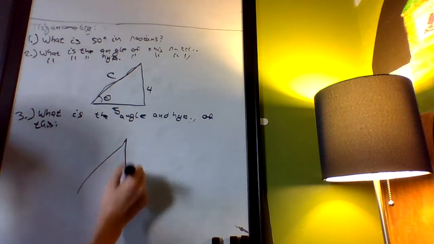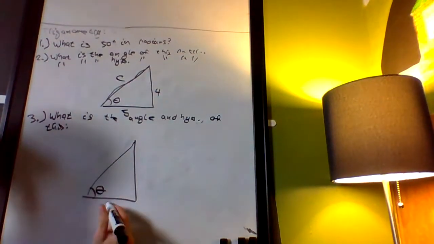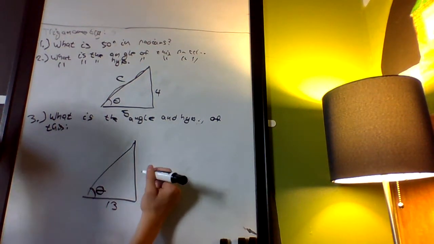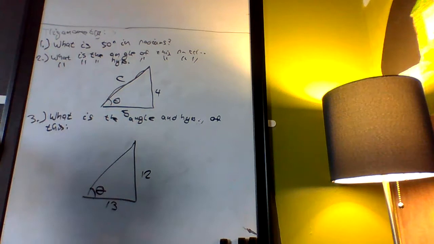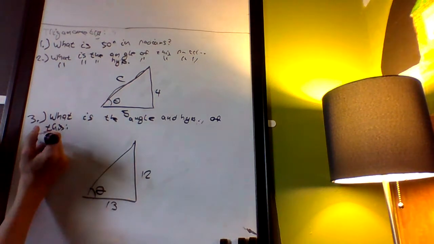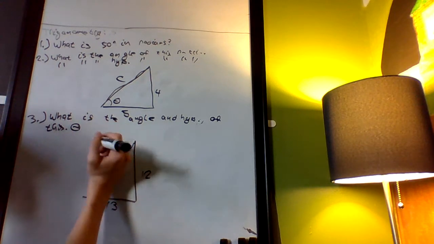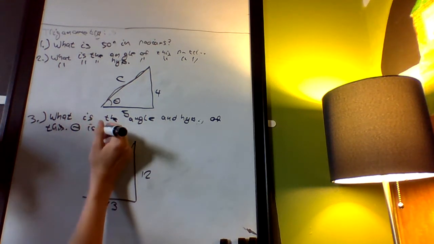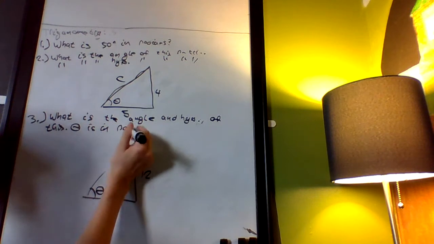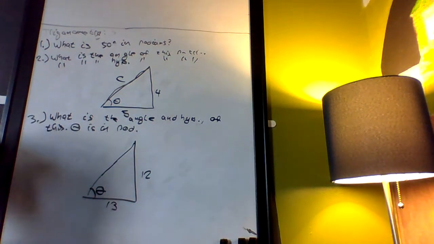Right? So theta, this is a 13, this is a 12. Okay? You have to find both theta and make sure theta is in radians. Okay? Make sure it's in radians. Convert it to radians. Okay? And that should be our job here.